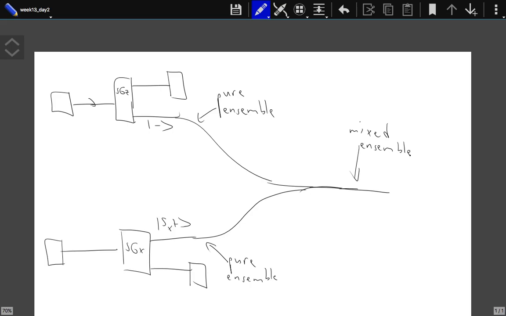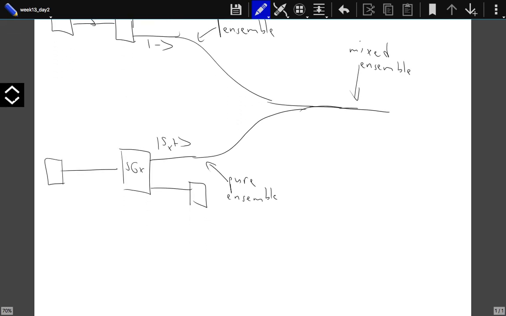We cannot talk about a single ket describing all the particles in that system. So our previous framework, based on describing our system in terms of a single ket, will not be applicable in this mixed ensemble. So we just devise new tools, and the density matrix is our new tool.